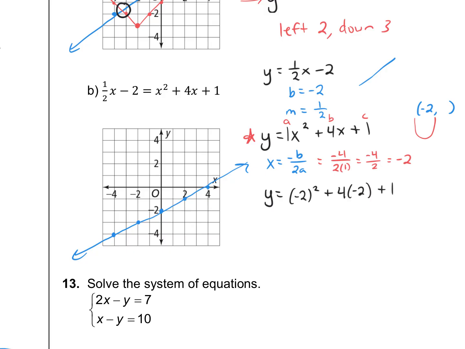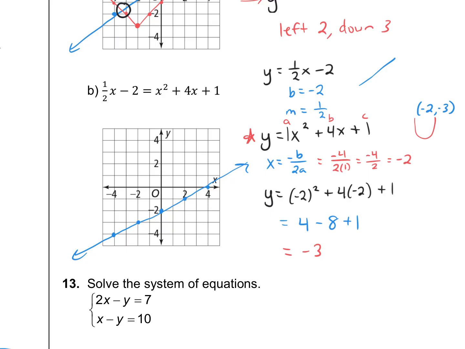What's -2 squared? Positive 4. What's 4 times -2? -8 plus 1. So then type this in your calculator left to right. What's 4 minus 8? -4 plus 1 is -3. So that just gave us our y value to our starting point.